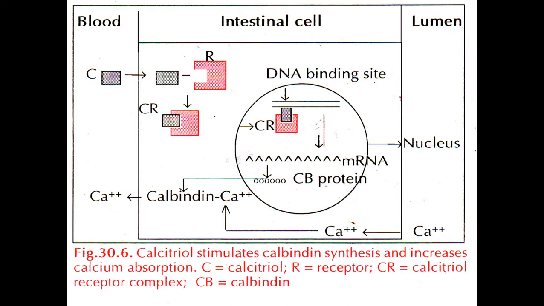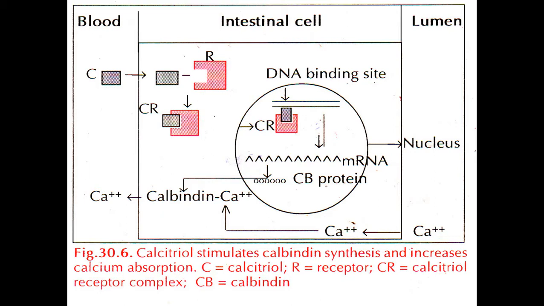Now see, this diagram explains how vitamin D functions like a steroid hormone. This is the calcitriol receptor. In the intestinal cell, the receptors for calcitriol are present in the cytoplasm. Calcitriol binds with the receptor, so a receptor complex will form.